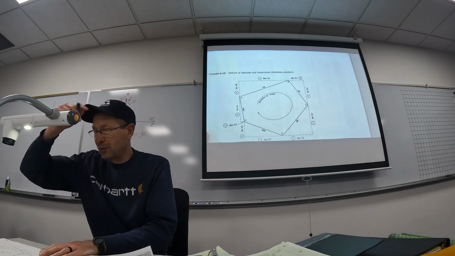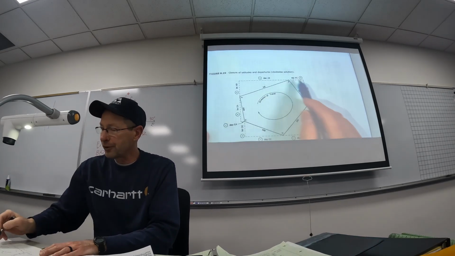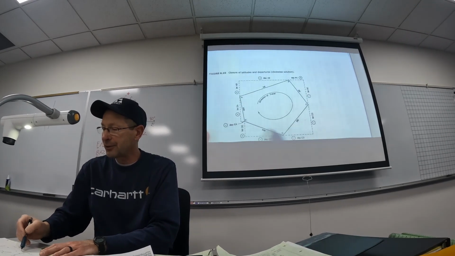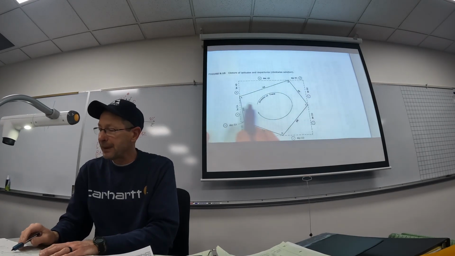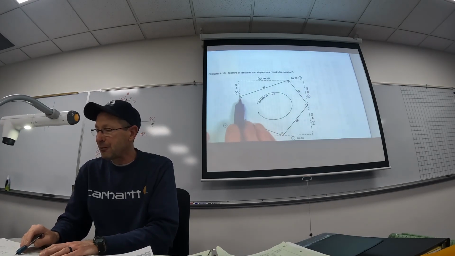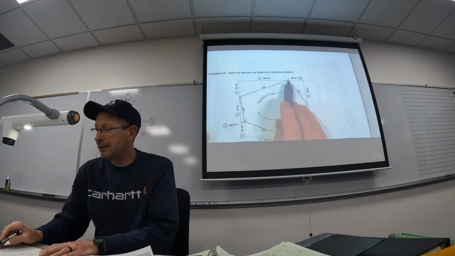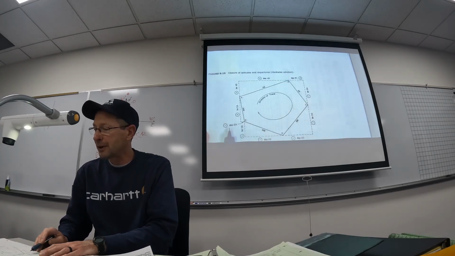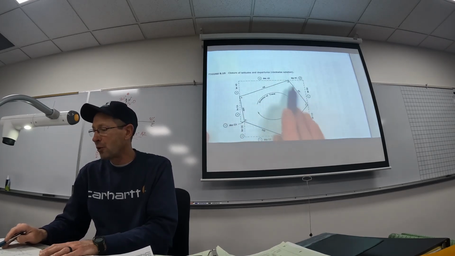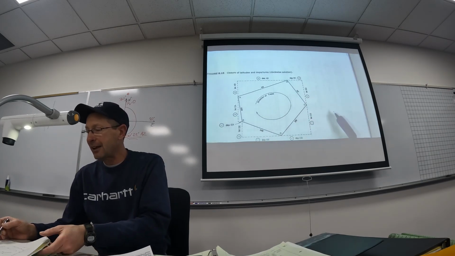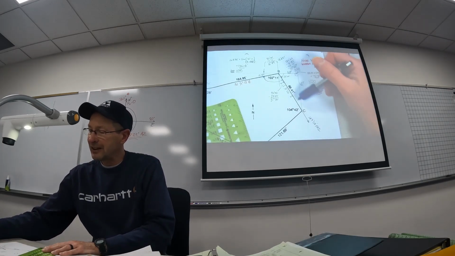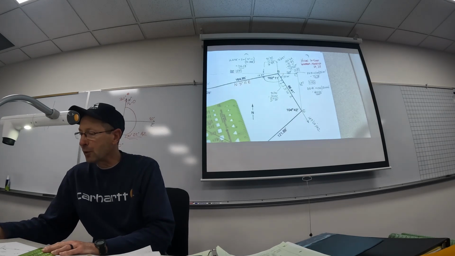In this case, when we went out and shot this traverse, we went in the clockwise direction of travel. So from an azimuth standpoint, A to B is the forward. We went this way. B to C, we went forward. And that's what defines an azimuth. It's the direction. So B to C is currently our forward direction.